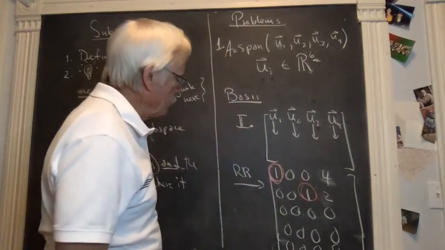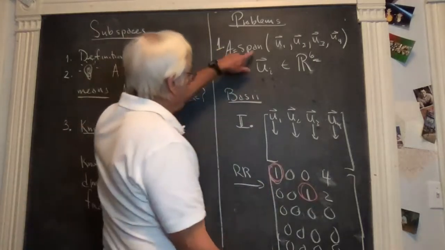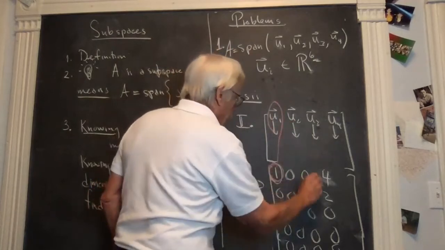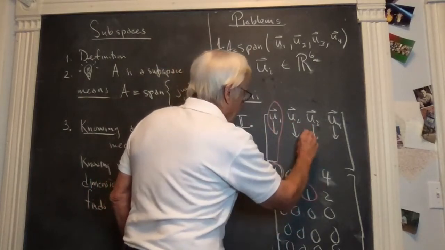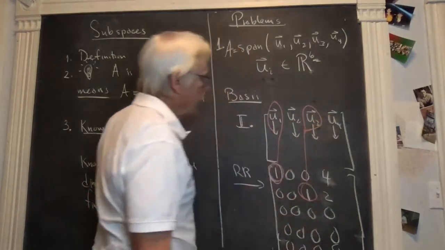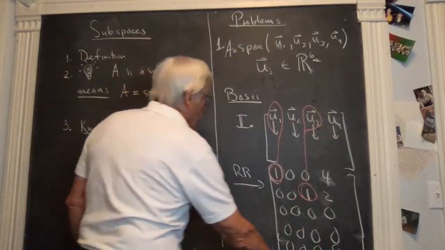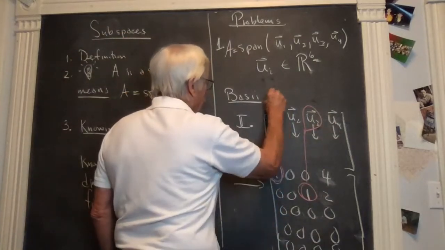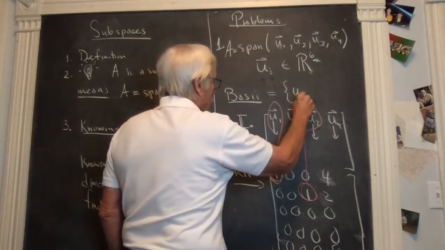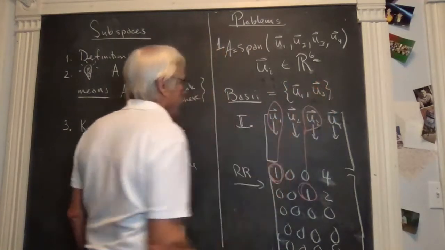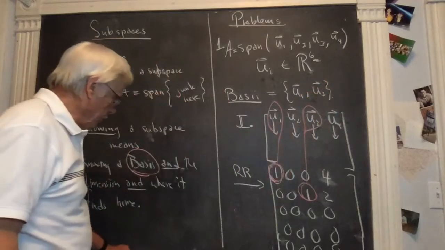What does this tell you? This tells you that this is going to be 2-dimensional, and that these 2 vectors are linearly independent. So this time your basis consists of 2 of the original vectors, which can be handy. So in this case, your basis consists of U1 and U3. Again, a 2-dimensional subspace of R6.